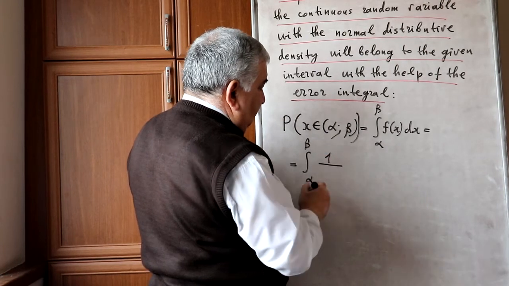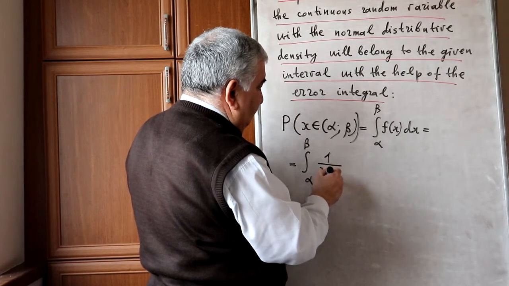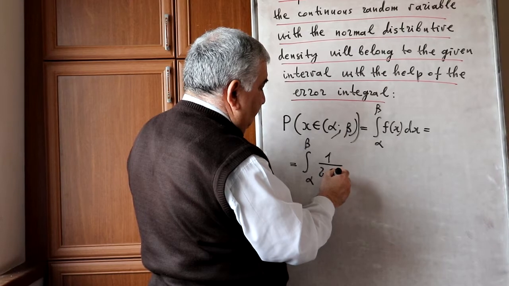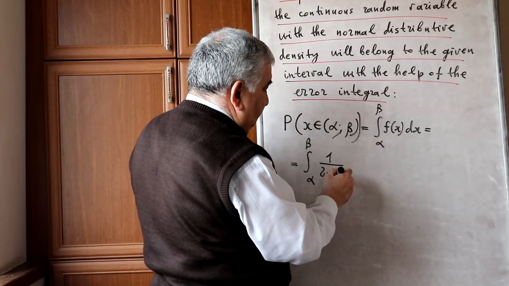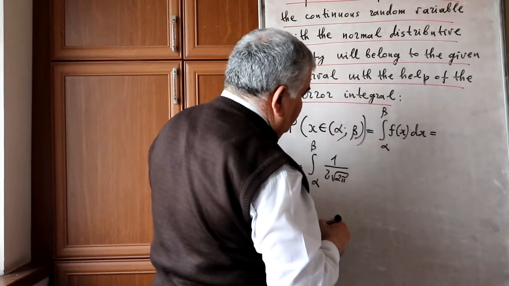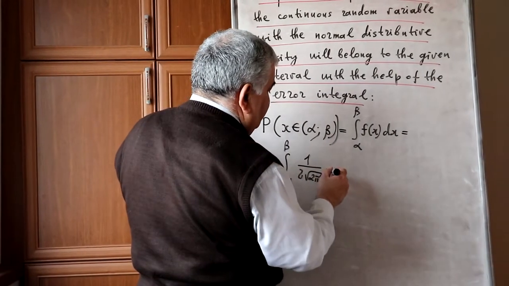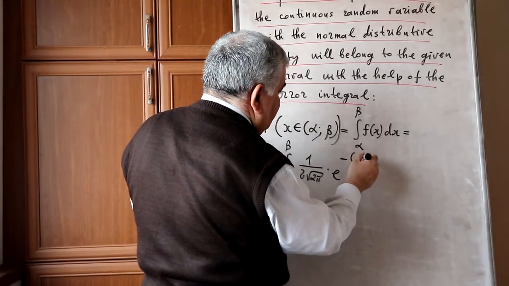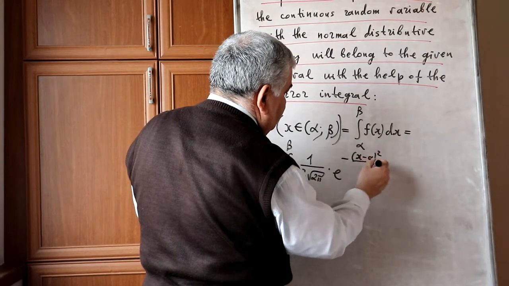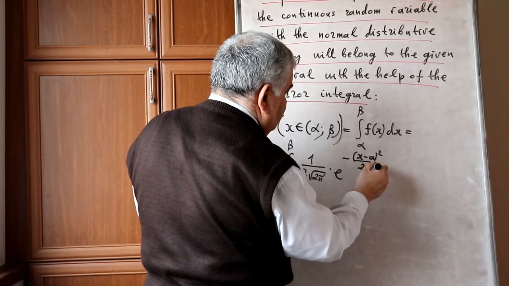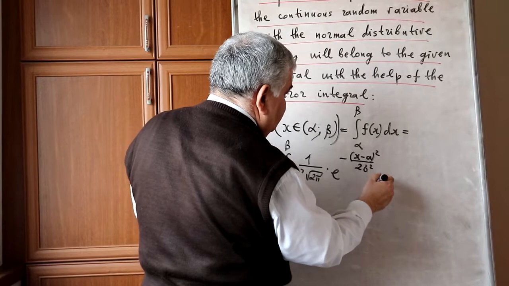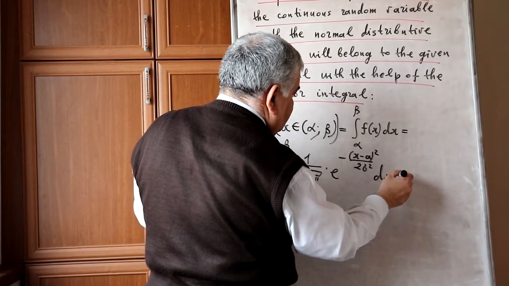1 over sigma multiplied by square root of 2 pi multiplied by e raised to minus (x minus a) squared over 2 sigma squared dx equals.